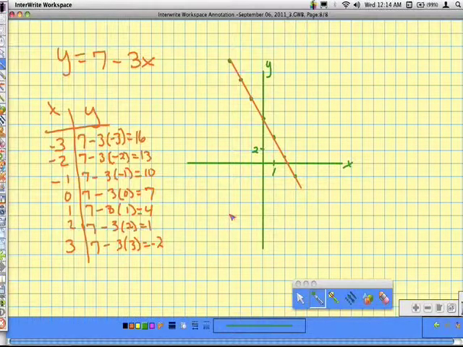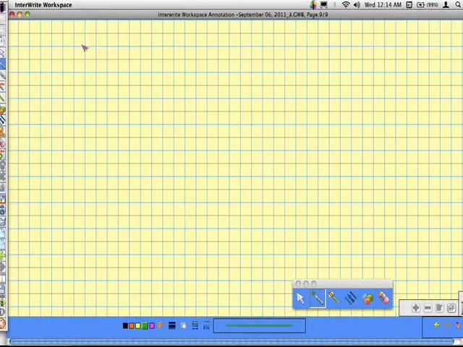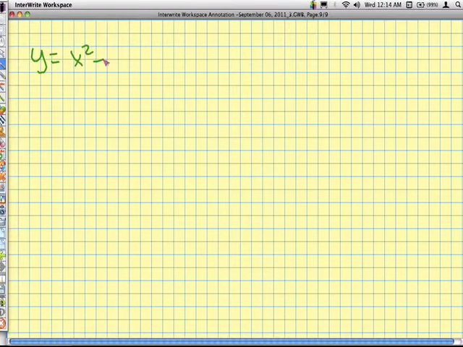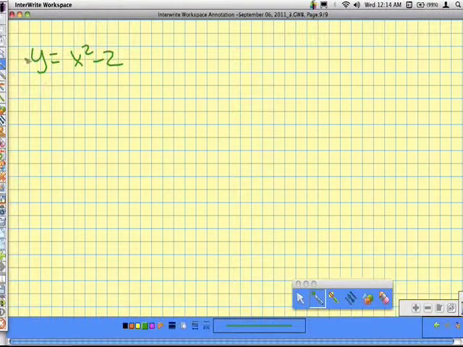Alright, now another one that we can look at here as far as some of our graphing, let's do one that's a quadratic. And again, you've done this before, so you know what it should look like, but just so we can review it, y equals x squared minus 2. Already got a y isolated, so that means we can jump right into our xy table. So let's pick some values for x.